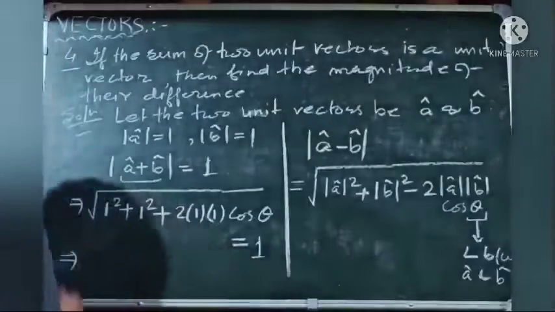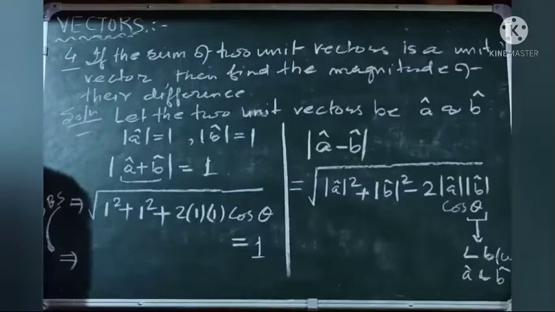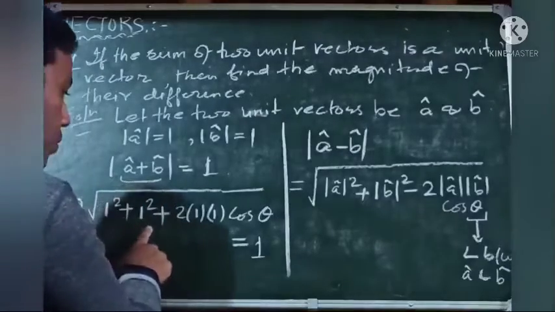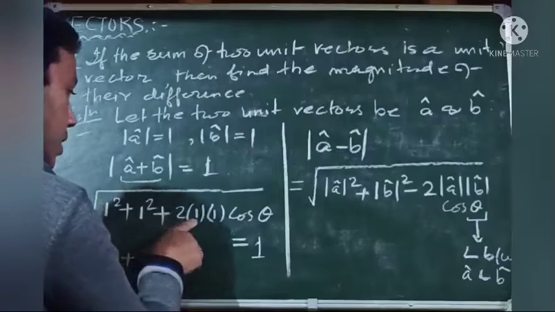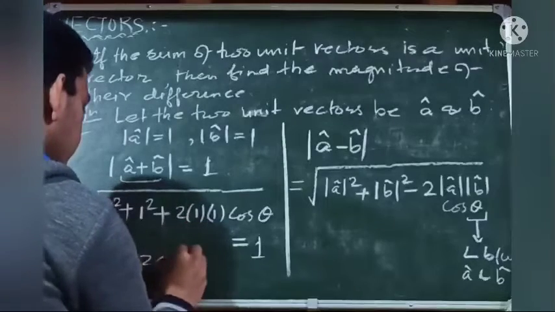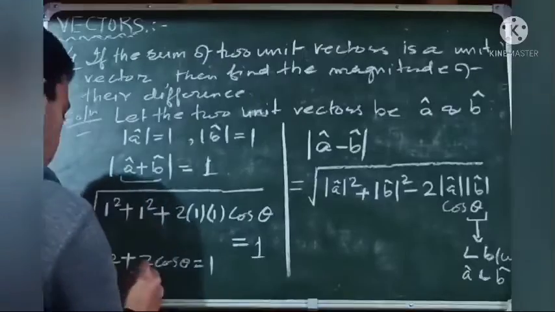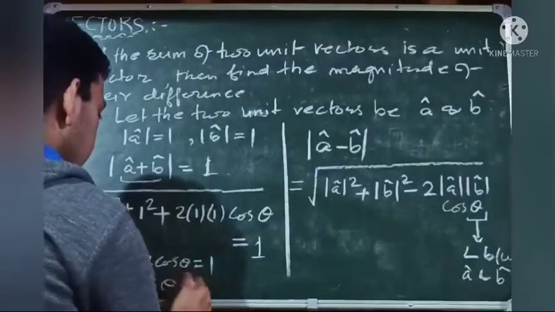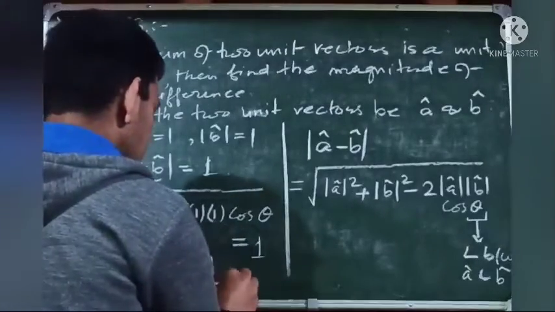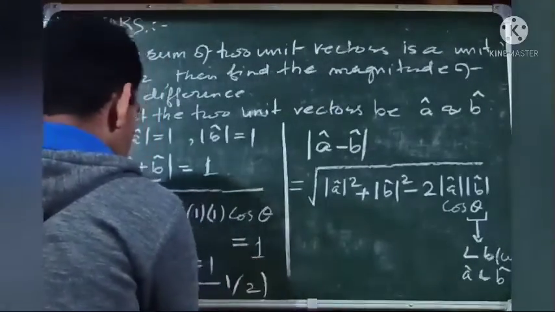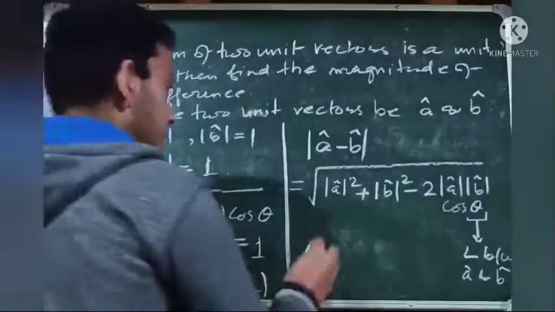Squaring both sides, we are getting 1 plus 1 plus 2 cos theta is equal to 1, or cos theta is equal to 1 minus 2, which is minus 1, or we can get minus 1 upon 2.